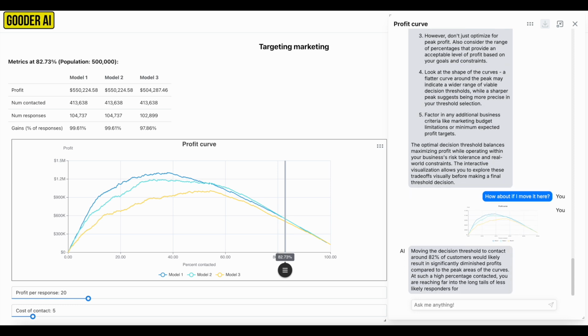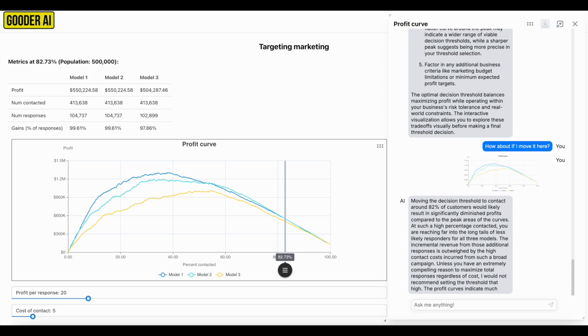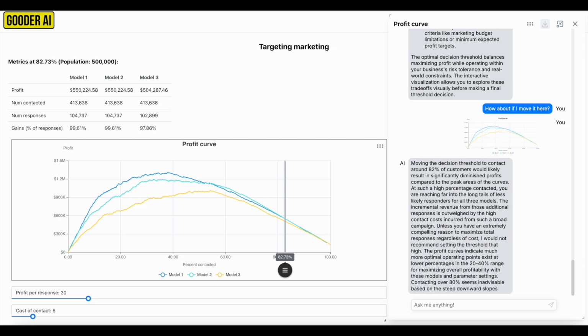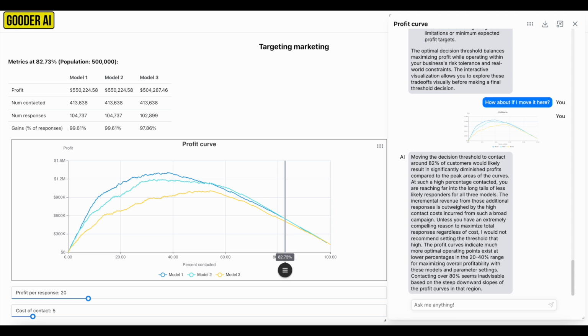Moving the decision threshold to contact around 82% of customers would likely result in significantly diminished profits compared to the peak areas of the curves. At such a high percentage contacted, you're reaching far into the long tails of less likely responders for all three models. The incremental revenue from those additional responses is outweighed by the high contact costs incurred from such a broad campaign.